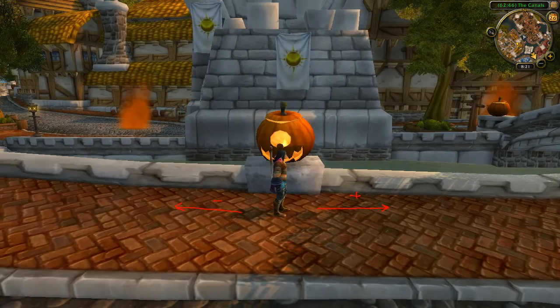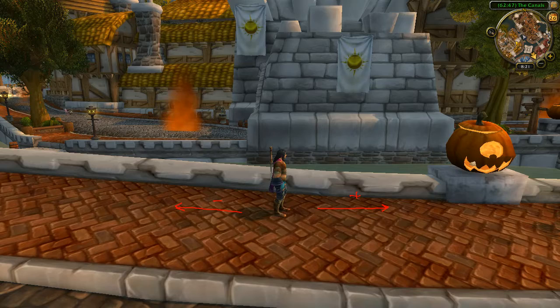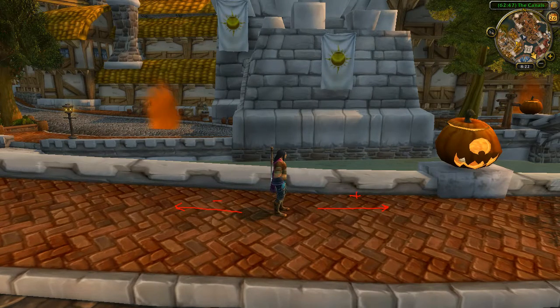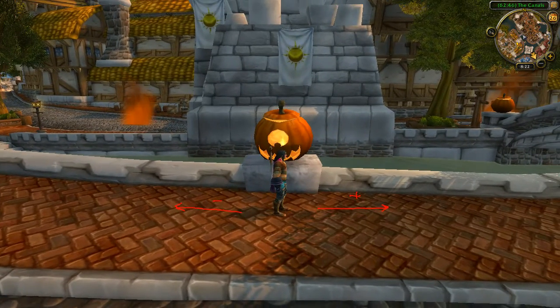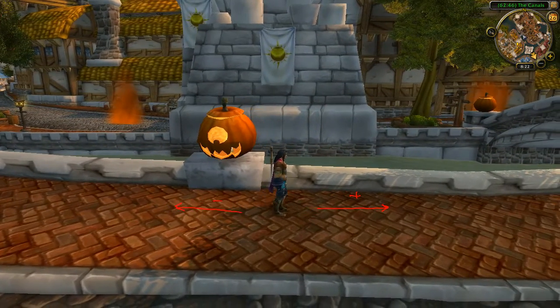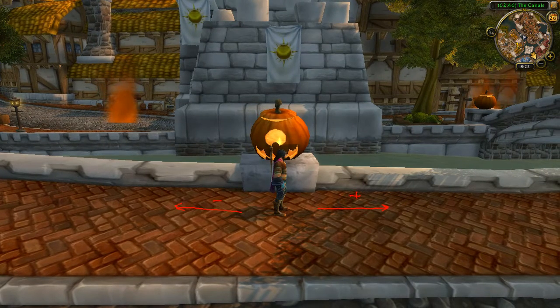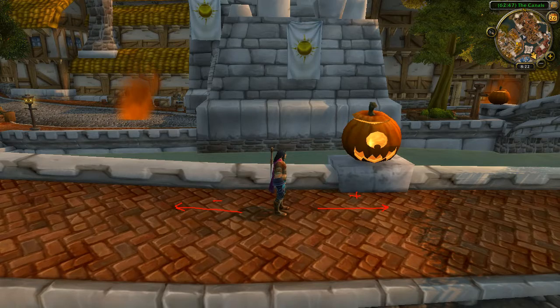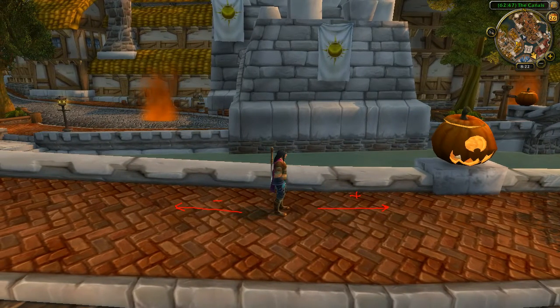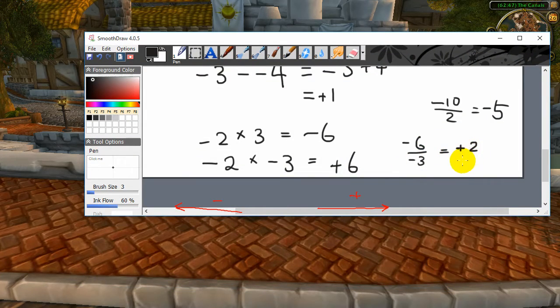If I go to negative 6, so 1, 2, 3, 4, 5, 6, that is the same thing as if I walk forwards 1, 2, but times 3 in the negative direction. So in the negative direction of walking forwards, which will be walking backwards, 1, 2, 3, and I do that twice, that will give me negative 6. So the answer is positive 2.